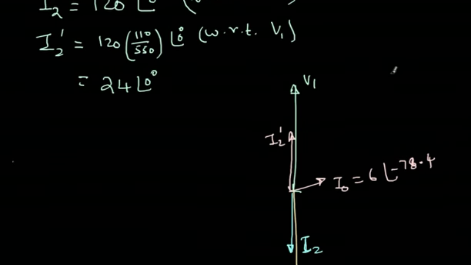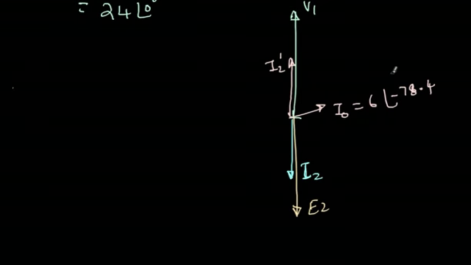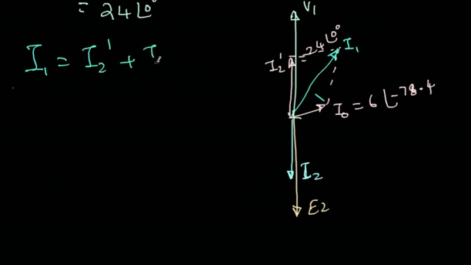Is that so? I keep forgetting that. Yeah. And this is 24 angle 0 degrees. Now if I add these two vectors, I'm going to get a vector something like this. Of course, this angle won't be so high as I expect. Let's call this I1. So I1 is the addition of I2 dash and I naught. So let's do that again in our code. I1 is I2 dash plus I naught.